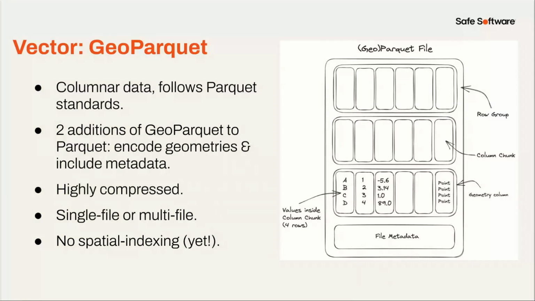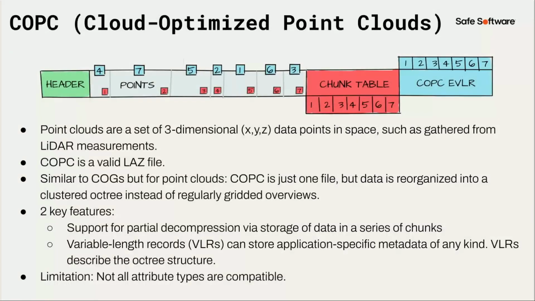And so if you need that right now, and you don't have the time to wait for GeoParquet to develop that, FlatGeobuf is an option. Chris mentioned this a little bit for cloud-optimized point clouds. If you have LiDAR data and you want to store it in the cloud, cloud-optimized point clouds, or COPC, is our recommended way to go.